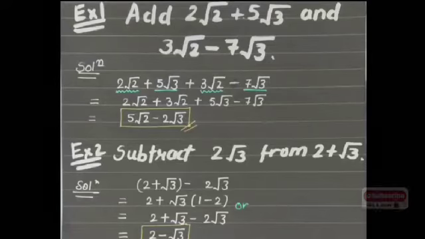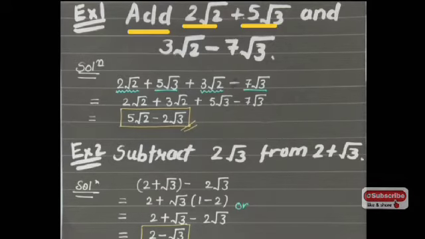Now let us try to understand this with some examples. Add 2 root 2 plus 5 root 3 with 3 root 2 minus 7 root 3.